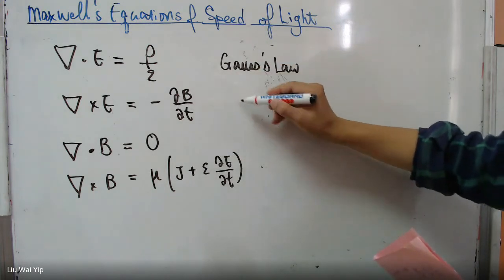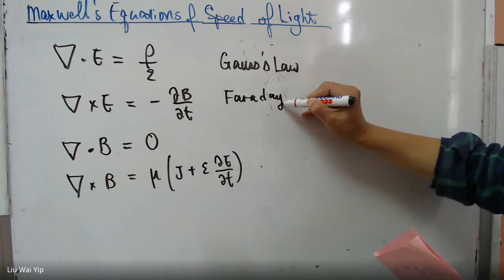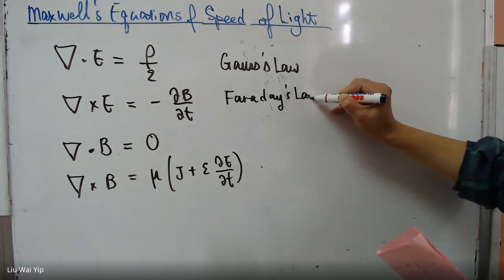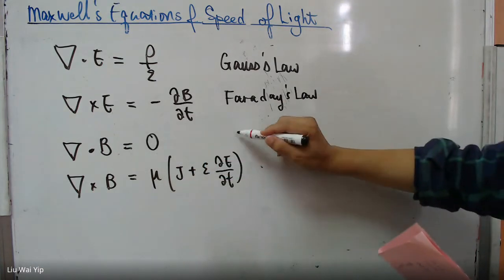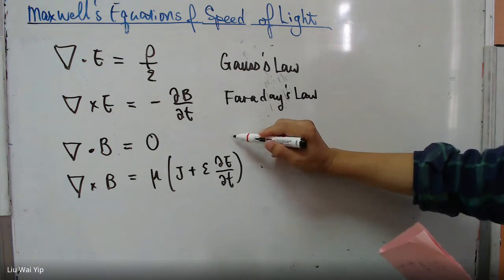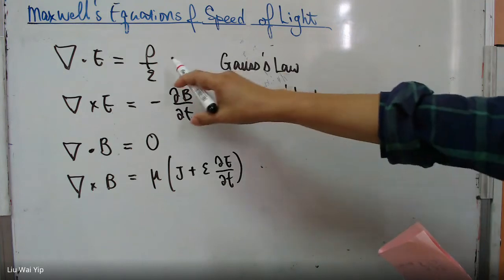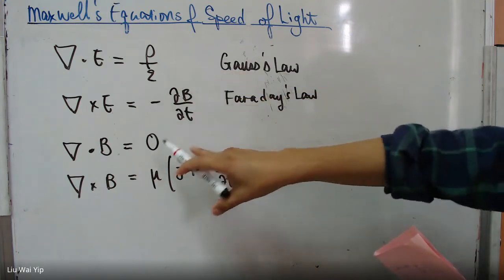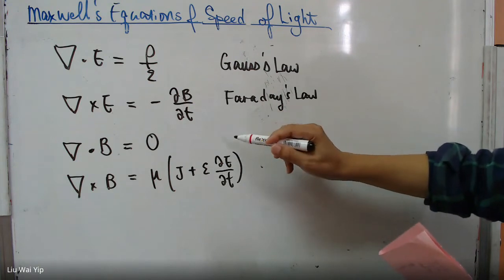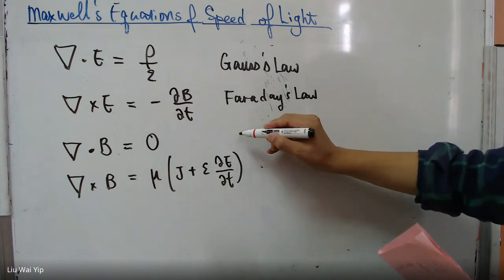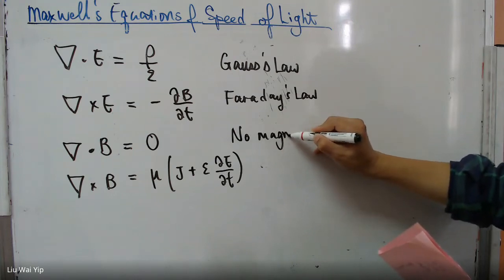This one came from Faraday's law. And divergence of B is zero. This one is another version of Gauss's law applied to the magnetic field. And what it means is there is no such thing as a magnetic monopole.